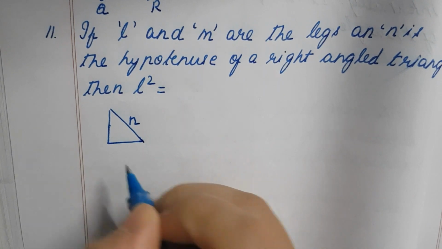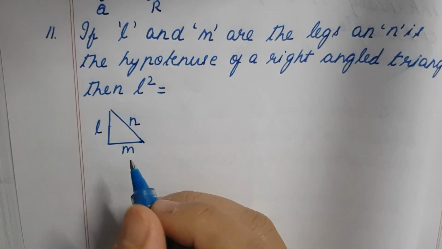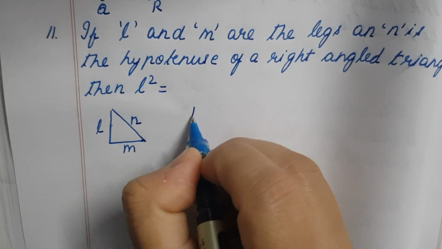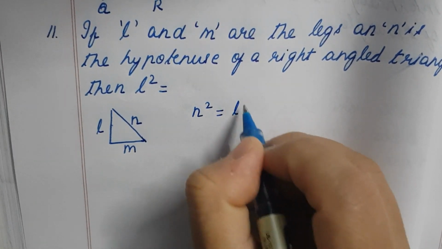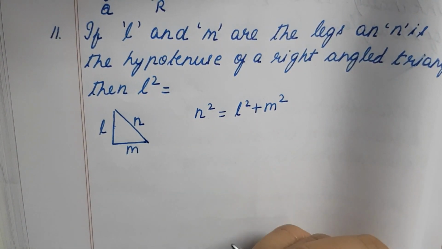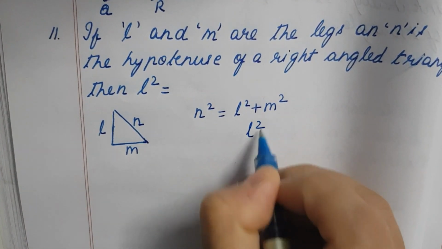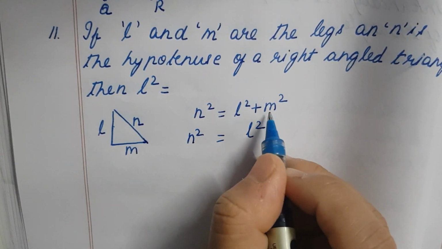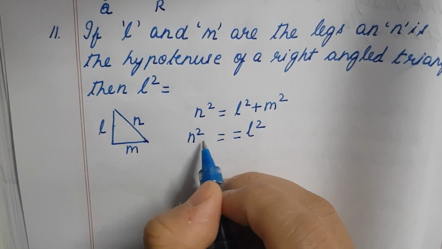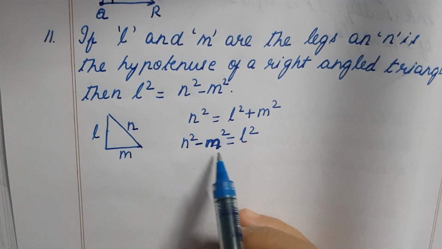So this is the hypotenuse, and L and M are the legs, so they can be the perpendicular and base. What they are asking is L square. But according to the formula, N square is equal to L square plus M square. We need to find L square, so we keep L square here and N square here, and shift only M square to this side. When we shift it, the plus becomes a minus. So L square is equal to N square minus M square.